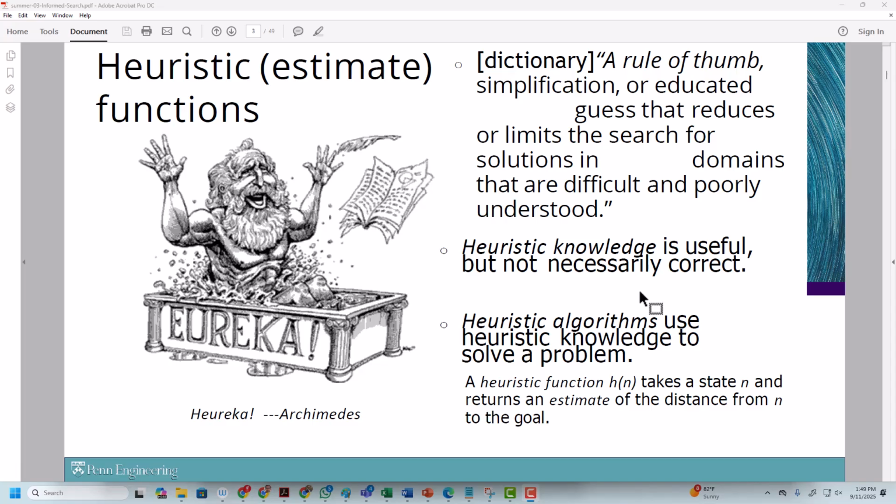The knowledge is useful, but not necessarily correct. And that is a heuristic. Heuristic algorithms use heuristic knowledge to solve a problem. A heuristic function h(n) takes a state n and returns an estimate of the distance from n to the goal. That's the job of a heuristic.